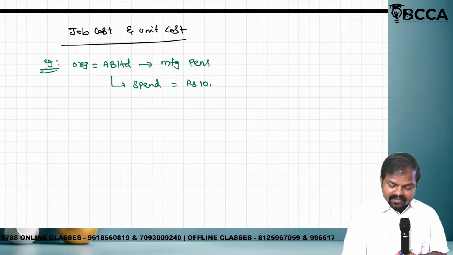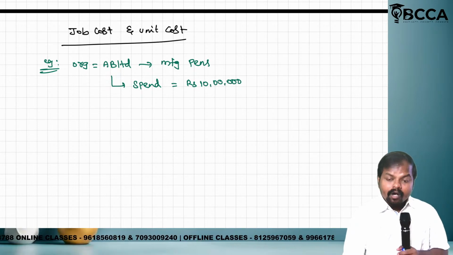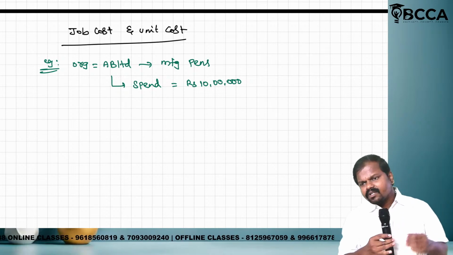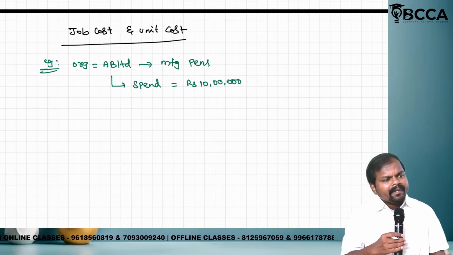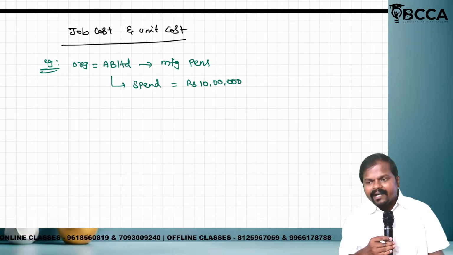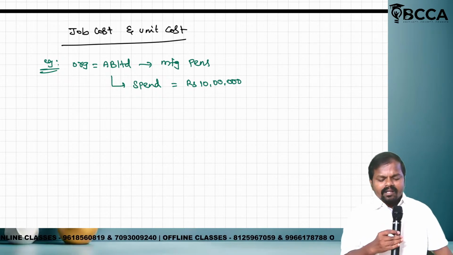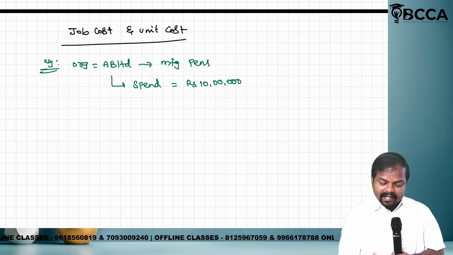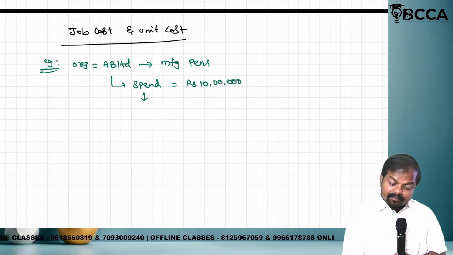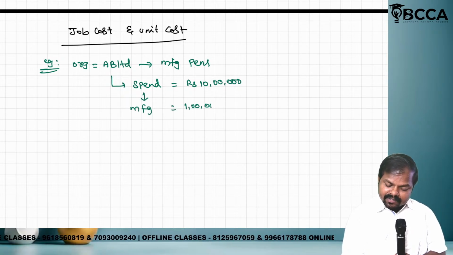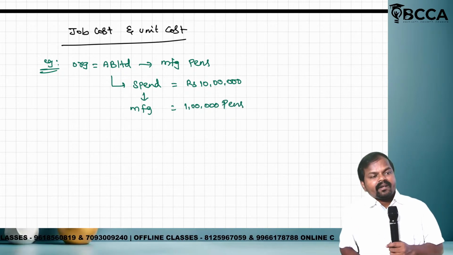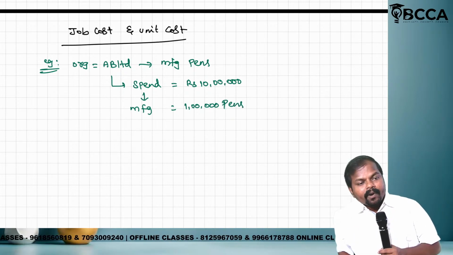Organization spent 10 lakhs. How much did they spend? 10 lakh as a total cost. Total cost means might be raw material, labor, direct expense, overhead or any other cost. All the cost is calculated as 10 lakh. With the help of 10 lakh, they manufactured 1 lakh pens. How many pens? 1 lakh pens. Can you tell what is the cost per pen?